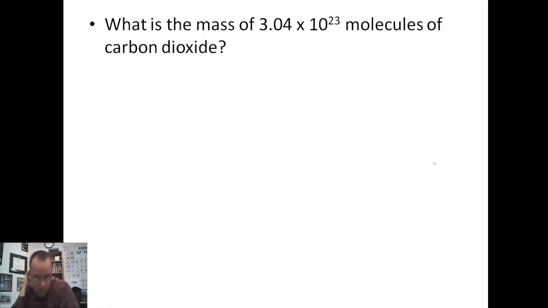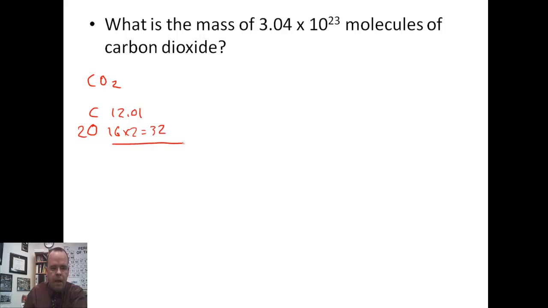One last problem. What is the mass of 3.04 times 10 to the 23rd molecules of carbon dioxide? So carbon dioxide, carbon 12.01, 2 oxygens, 16 times 2 for 32, we get 44.01 grams.